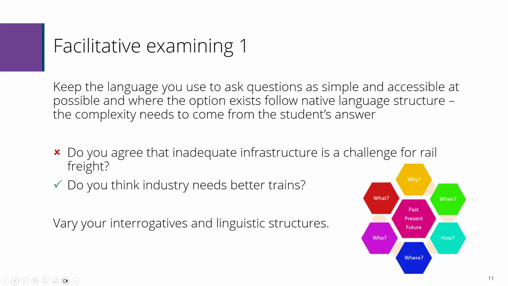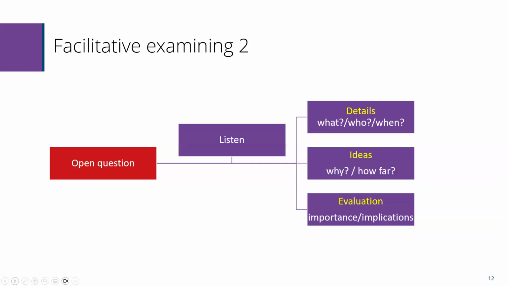So lots of present tense questions that begin with "what is" is not facilitative examining. What we're looking for is that variation of question types and interrogatives, and questions that push students to answer in different ways using different time frames.